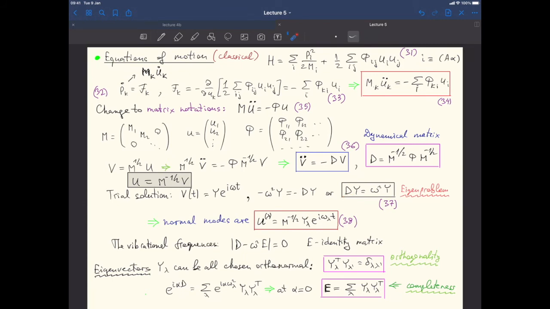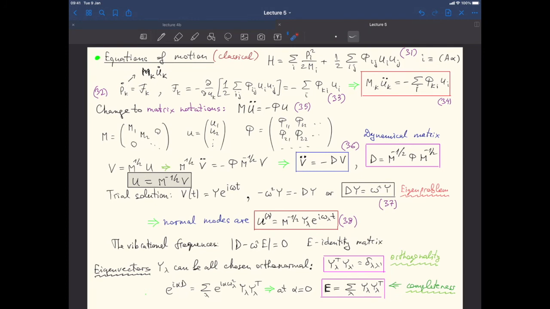So for each eigenvalue and eigenvector, we will distinguish them with the index lambda. So we have y lambda for the eigenvector and omega square lambda for the eigenvalue. Because u, our actual vector of displacements, is related to v like this, and v is written like that, we can write for each solution lambda of this eigenproblem the following expression for the atomic displacement.